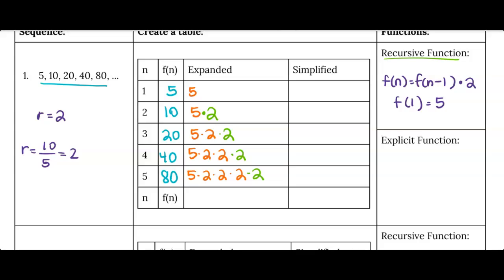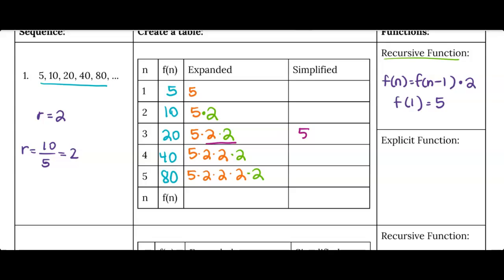So now I'm going to go back and simplify my expanded piece here. So remember that when you multiply something by itself, that's the same as squaring it. So this could simplify to be 5 times 2 squared. I don't like writing it that way because look how that looks like 5.2.